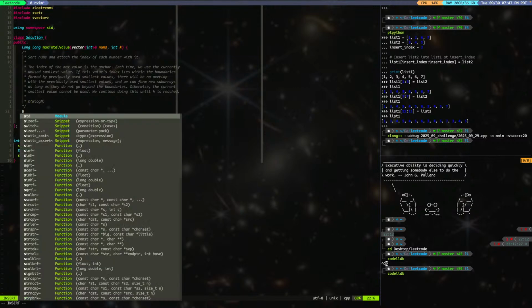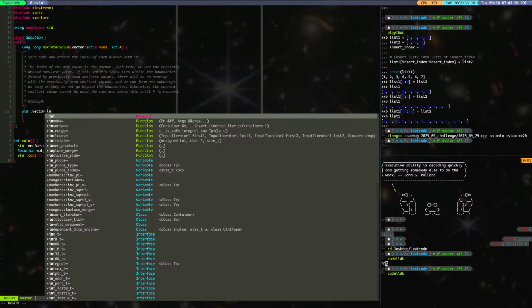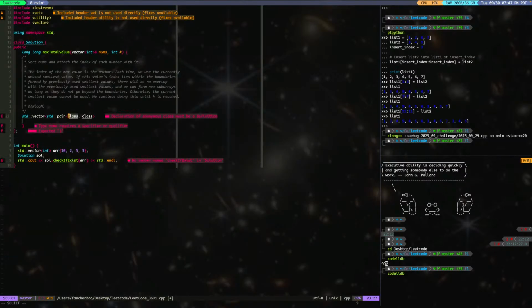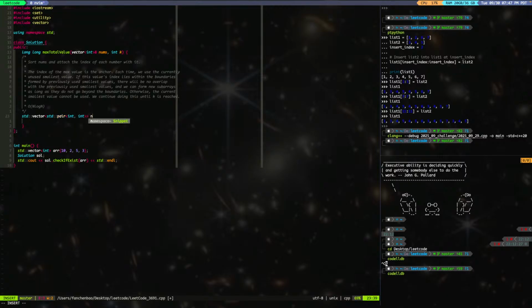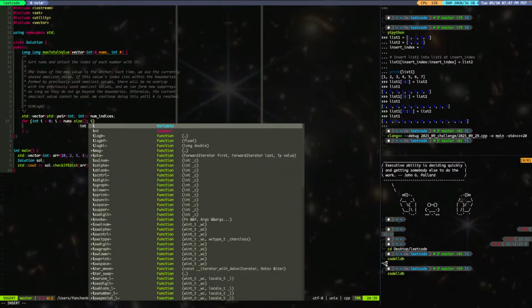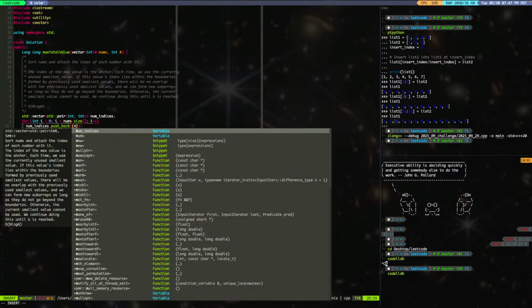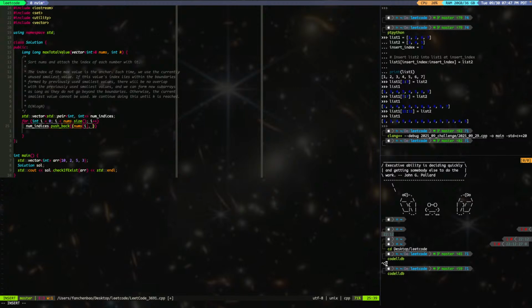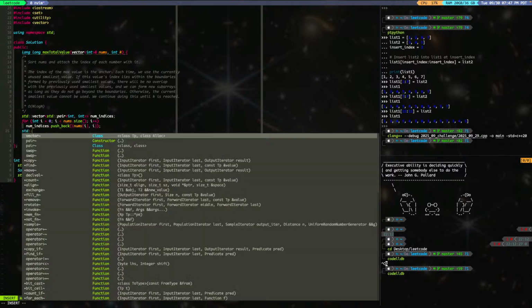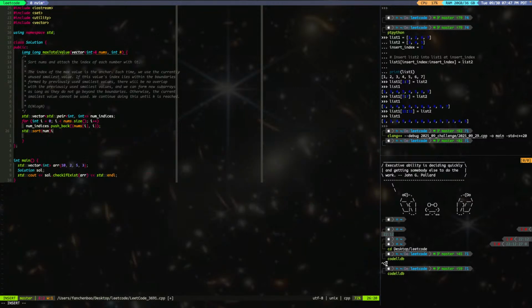Alright, so first thing we need is a vector of pair int, nums indices. For i = 0, i smaller than nums.size, i plus, nums indices dot pushback nums i. Sort nums indices begin.